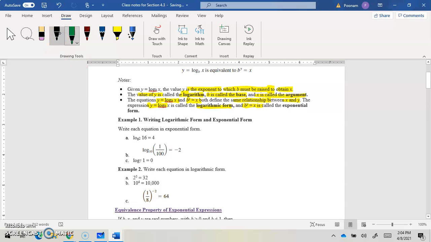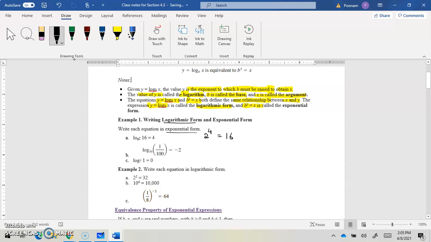Let's do example number 1. It says write this equation in exponential form, given an equation in logarithmic form. It is log of 16 with base 2 is equal to 4. So how do you read it? What should the base 2 be raised to, so that the answer is 16? That number is 4.